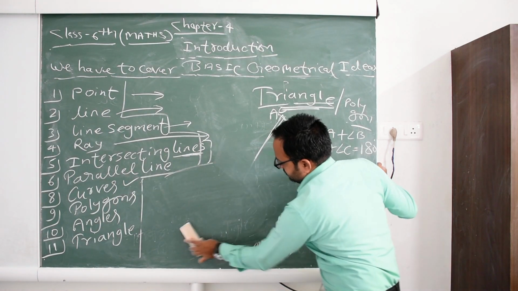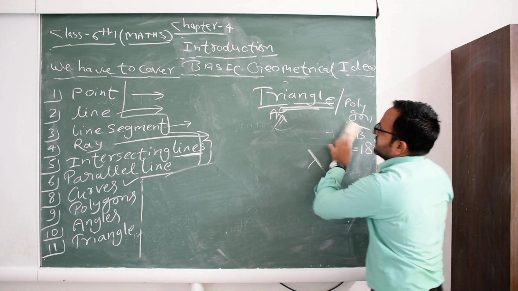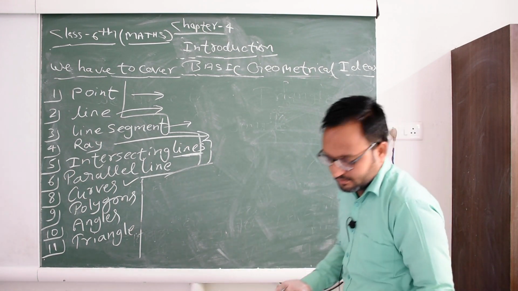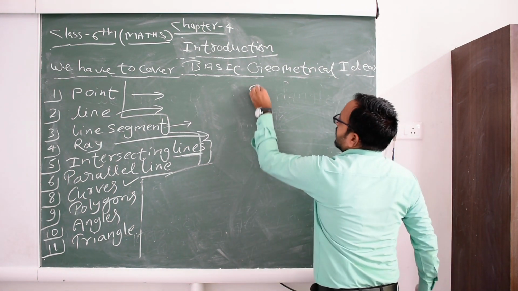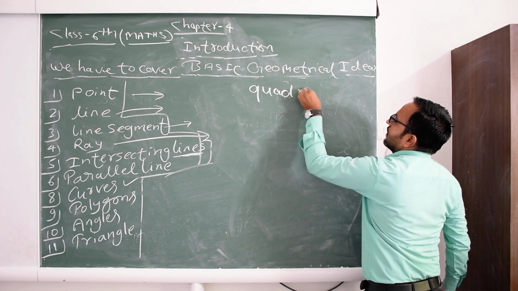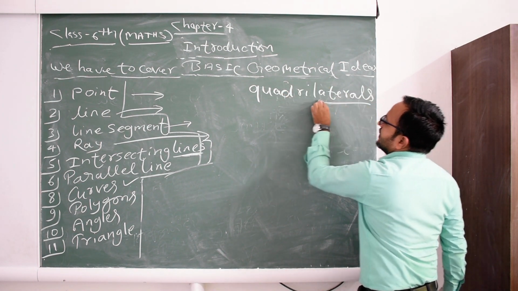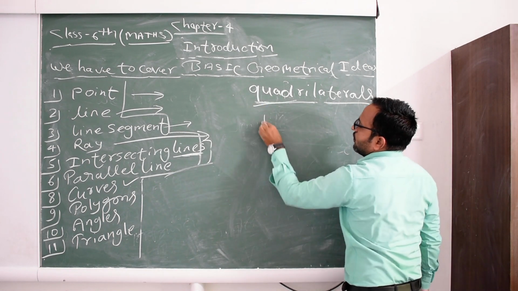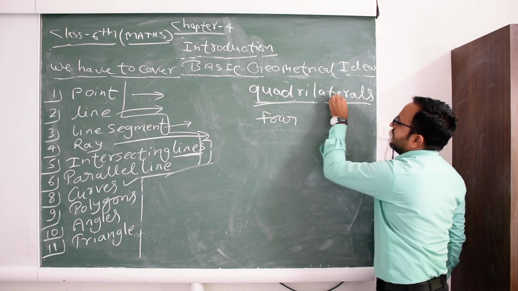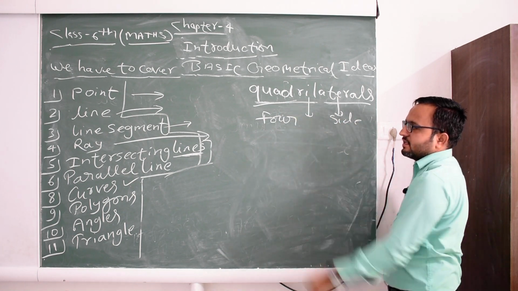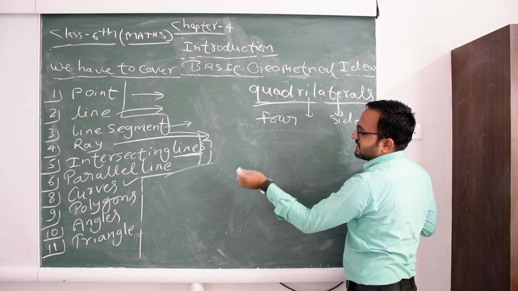Now we discuss quadrilateral. Quad means four and lateral means sides. Quadrilateral has a minimum of four sides.